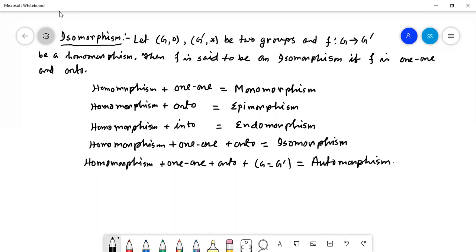Right? So it was our morphism of group. I think from this morphism, if any question is coming, it is like: what is the homomorphism, monomorphism, epimorphism, and some sort of question may be coming from here: endomorphism, isomorphism, automorphism. Right?